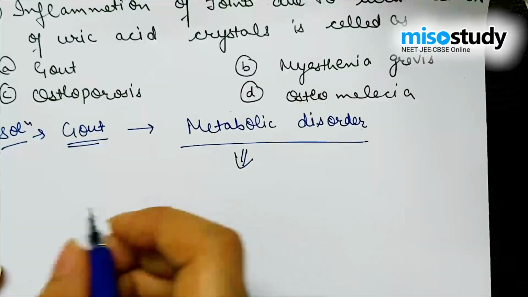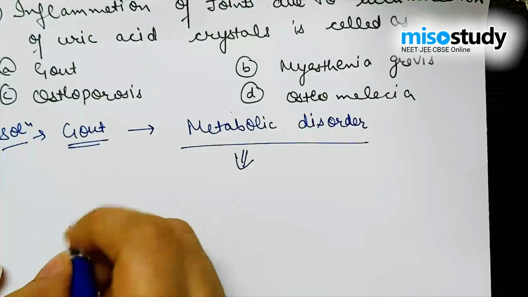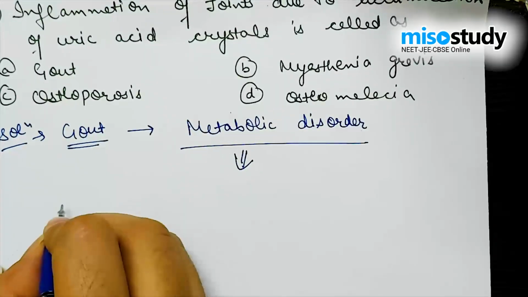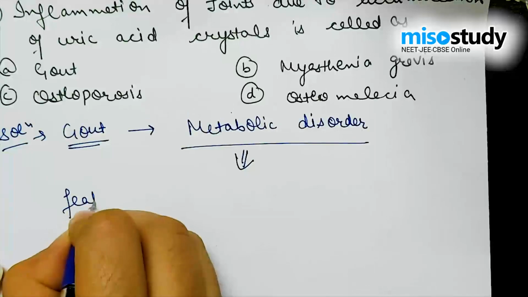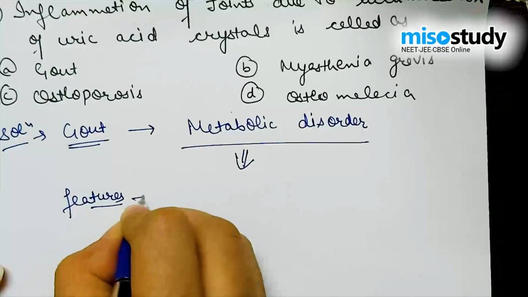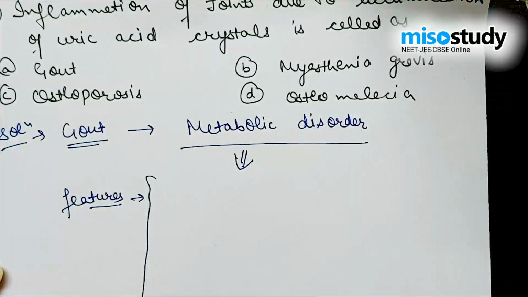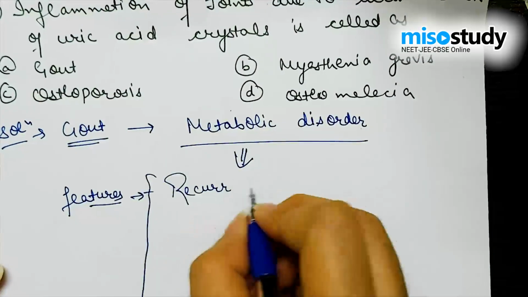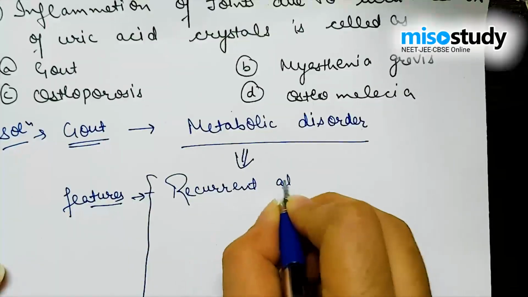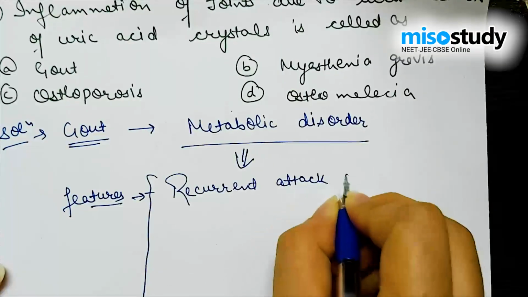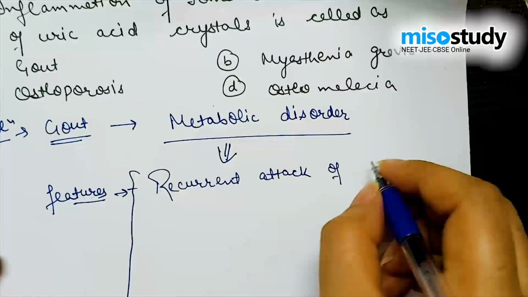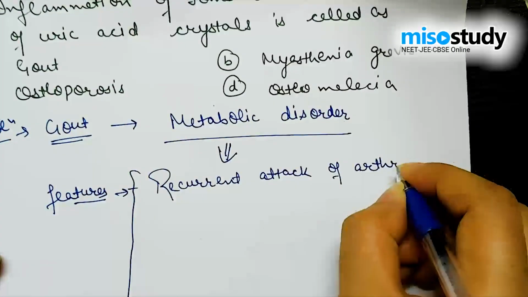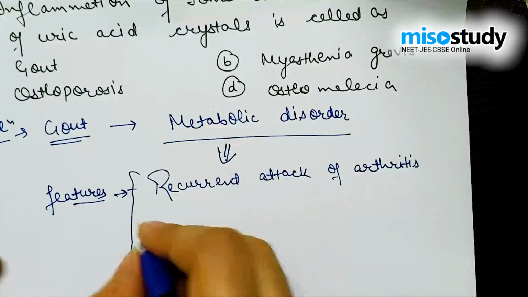These metabolic disorders include various features. The basic features or symptoms are: first, recurrent attacks of arthritis.